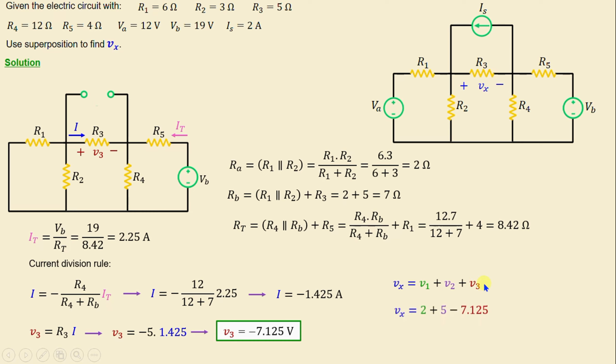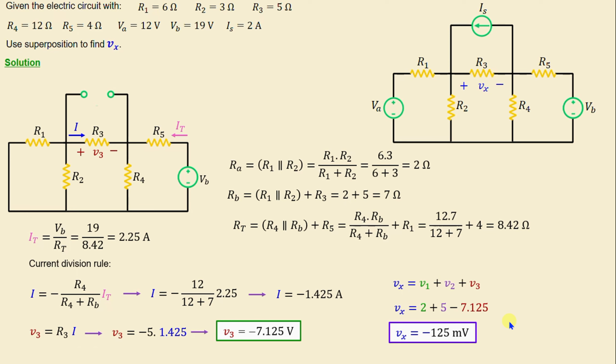And if we replace V1, V2 and V3 with their numerical values, we obtain Vx is equal to negative 125 millivolt. After we finish the calculation, we conduct a simulation using the SPICE simulator to verify our results.